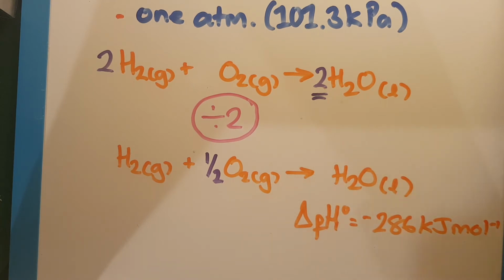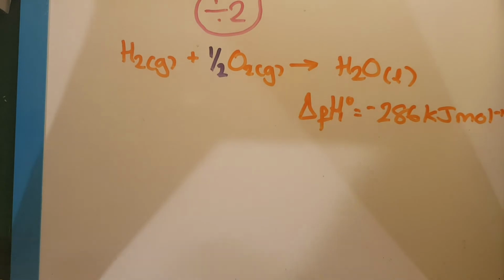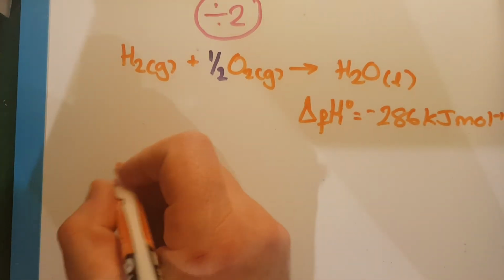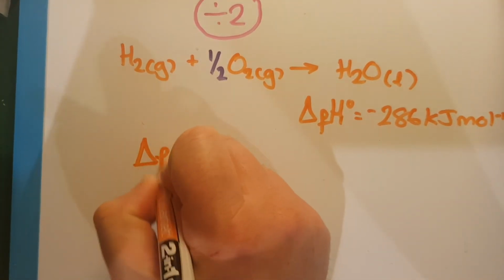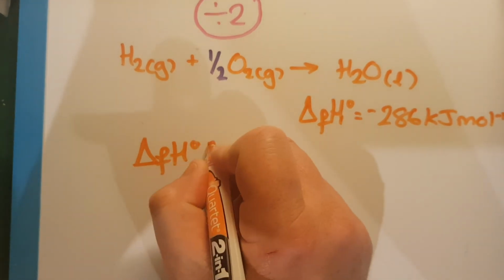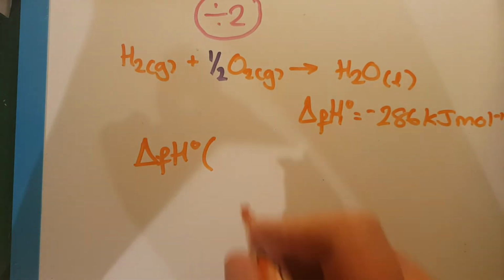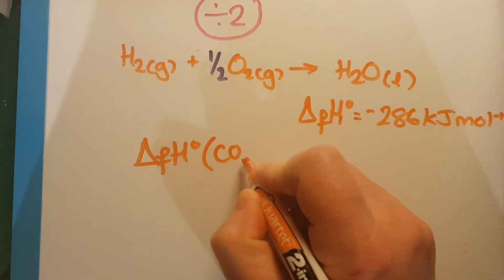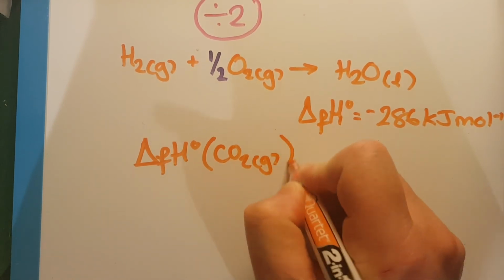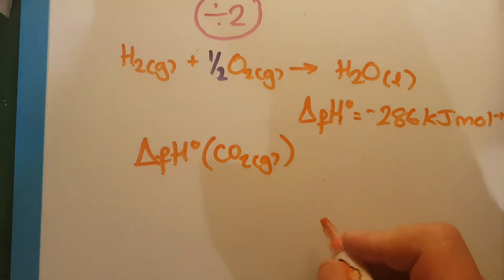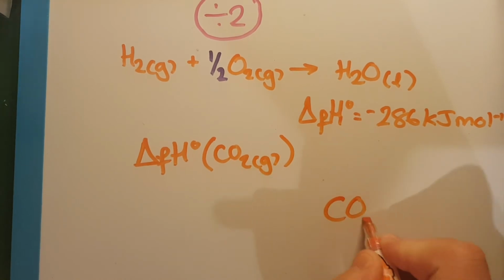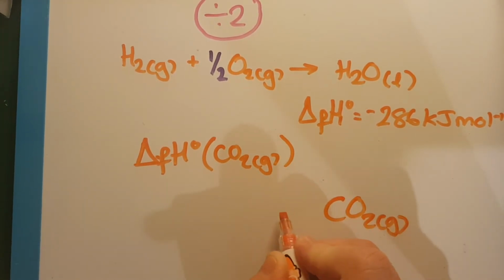So let's say we had a question that asked us to write an equation for the standard enthalpy of formation of, and we're going to go for CO2 gas here, carbon dioxide. So carbon dioxide is what we're going to end up with.